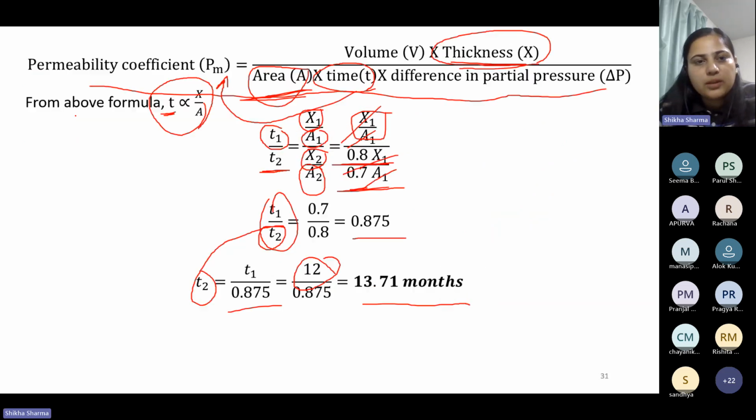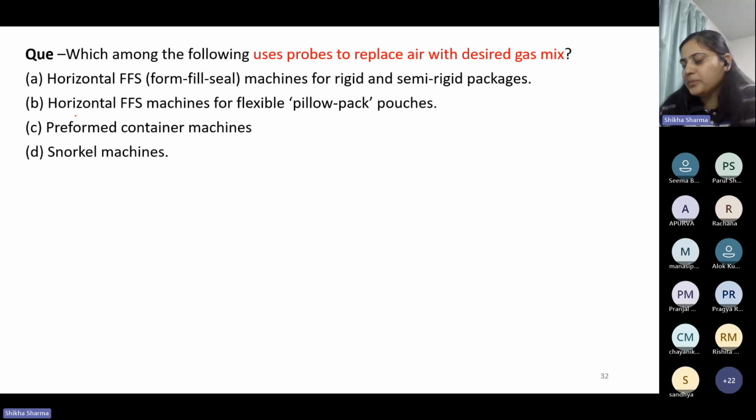Okay, so can we move to the next question? Which among the following uses probes to replace air with the desired gas mixture? Option A is horizontal form fill seal machines for rigid and semi-rigid packages.